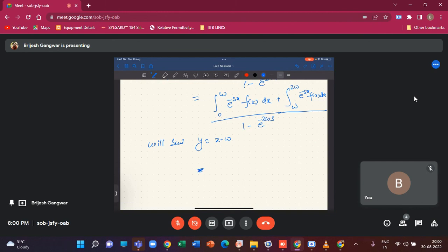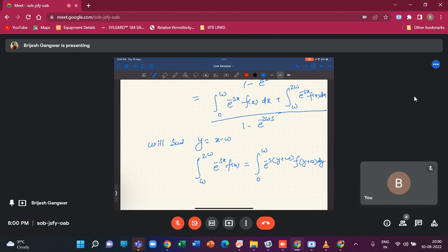Then what happens? y equal to x minus omega. So this is omega to 2 omega e to the power minus sx f(x). Here you can write 0 to omega e to the power minus s times y plus omega, f of y plus omega, and dy.